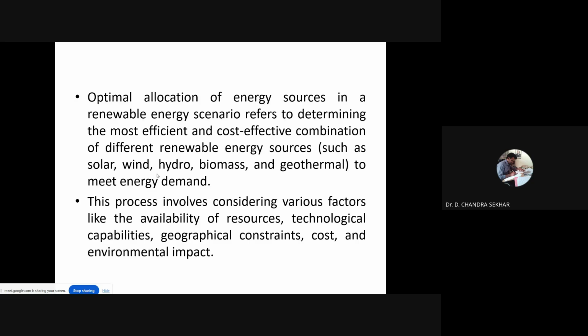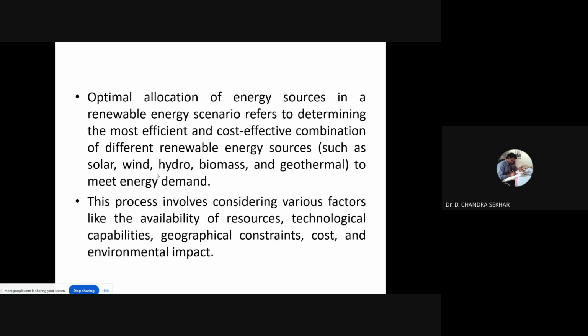This process involves considering various factors. Once we are combining the different plants together and choosing the best option, going with the optimal allocation, we must consider various factors.